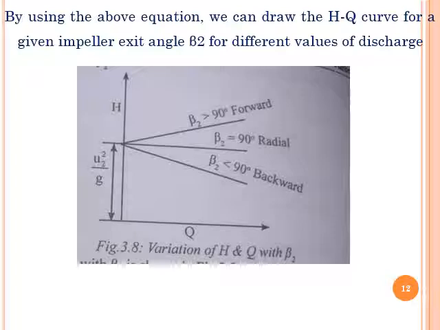In case beta 2 is greater than 90 degree, the head increases as the discharge increases, and that is called the forward curved blades. But when beta 2 is equals to 90 degree, as the discharge increases, the head remains constant, and that is called the radial blades. So this shows the head discharge relations for a power absorbing type of turbo machines.